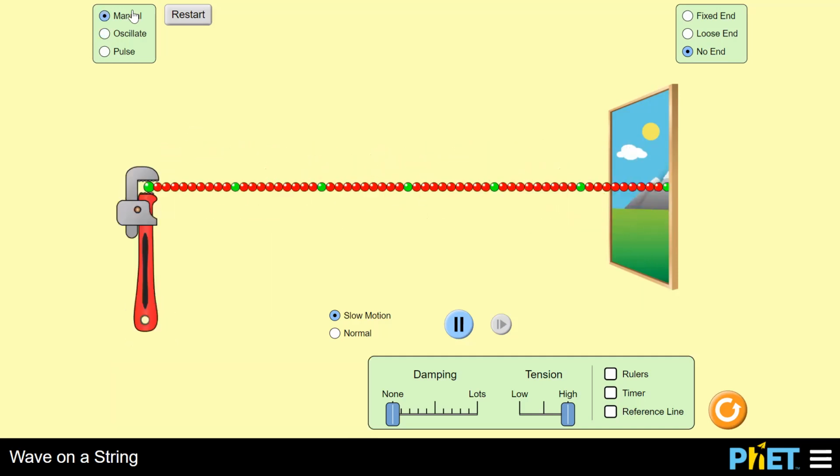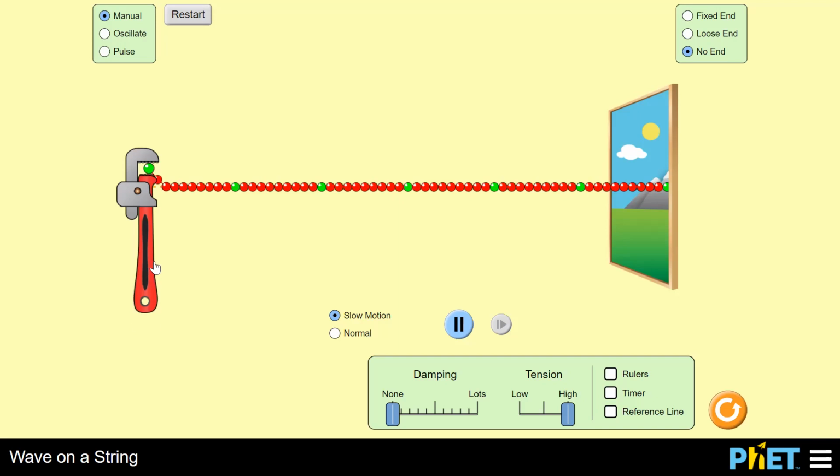Now, let's see this manually, at zero damping, tension high. The speed with which the wave moves to the right depends on how quickly one particle of the string is accelerated upward in response to the net pulling force exerted by its adjacent neighbor.